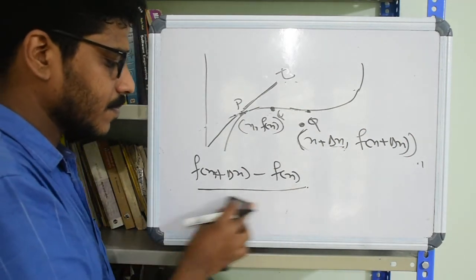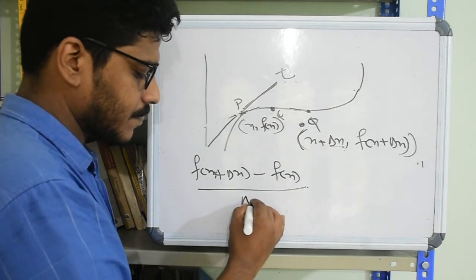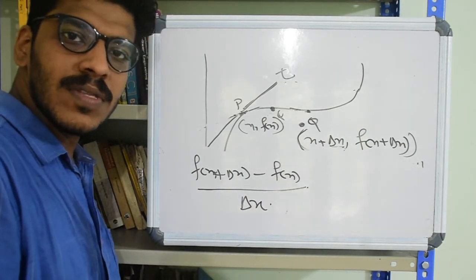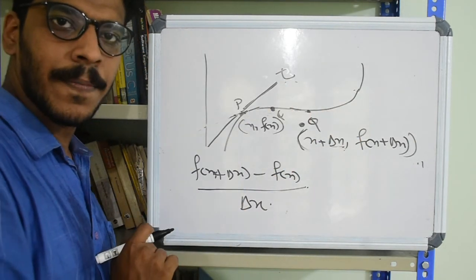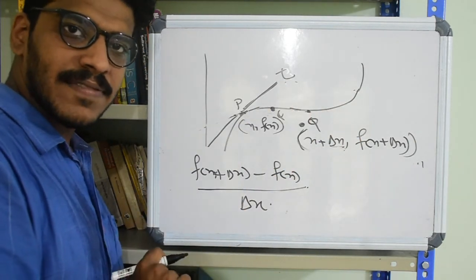I hope you remember this expression from the previous part on slopes. So this is the slope of the secant line passing through P and Q.